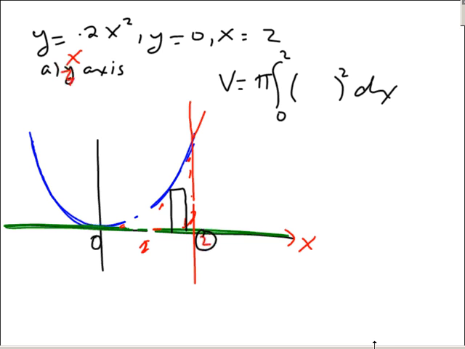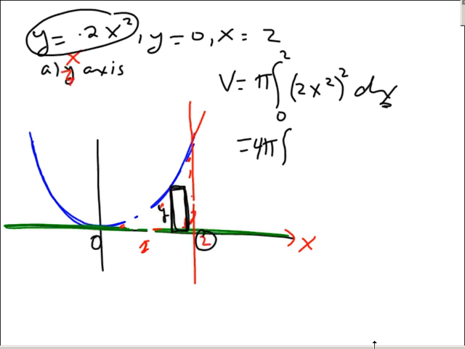What is the height of this rectangle? The height of that rectangle happens to just be y. And y, I would love to write using x's. y is really 2x squared. So 2 squared is 4. I'll factor out the 4. And x squared squared is x to the 4. That is, this mess is 2 squared times x squared squared. It's 4x to the 4th. And I factored out the 4.